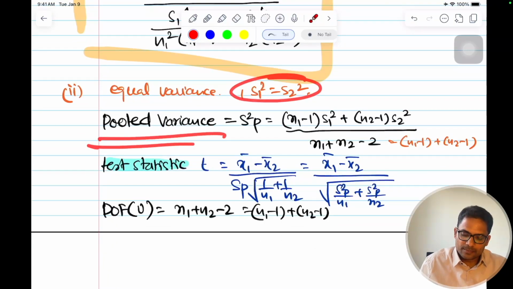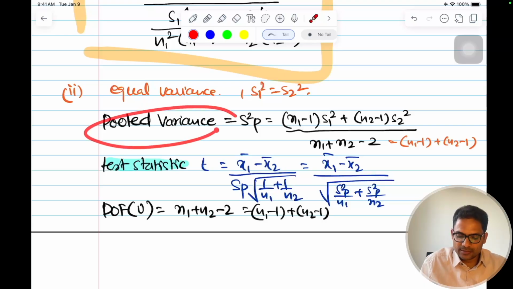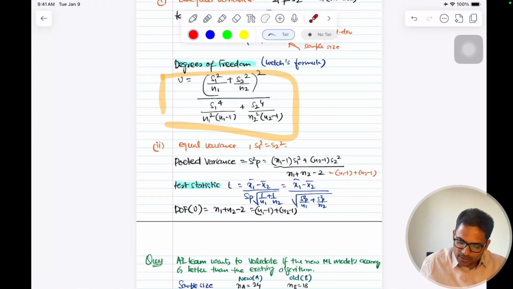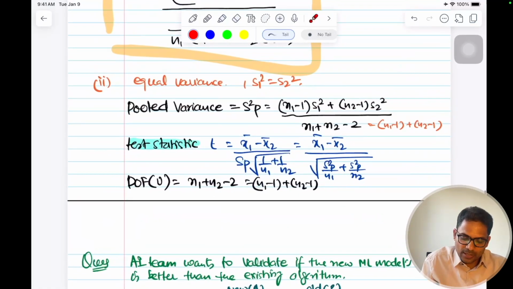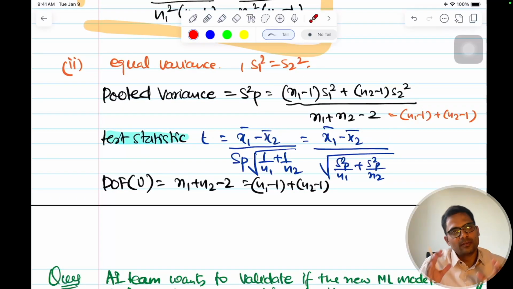Then we have the notion of pooled standard deviation or pooled variance, and that's what we use. These formulas are almost the same, only the calculation of pooled variance is extra, and the calculation of degrees of freedom is different in both of them, but the test statistic formula is almost the same.